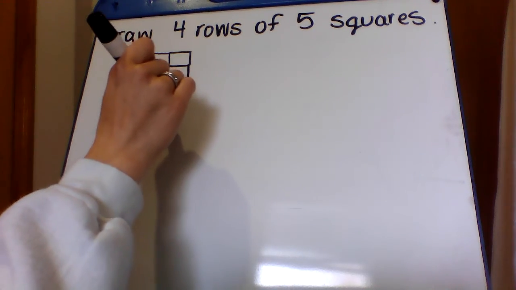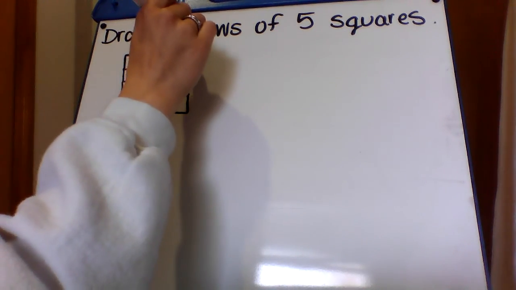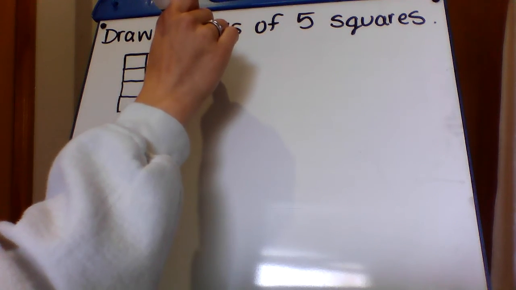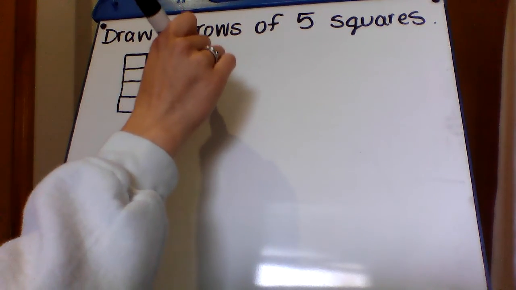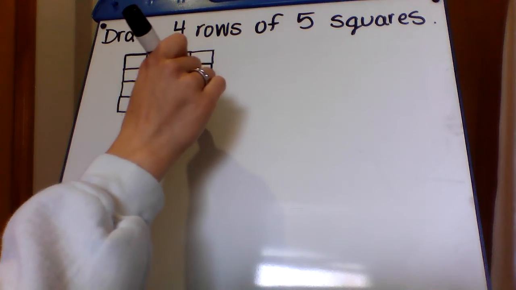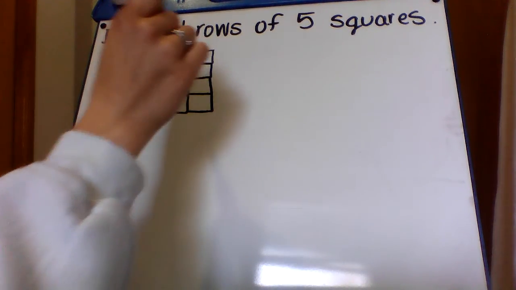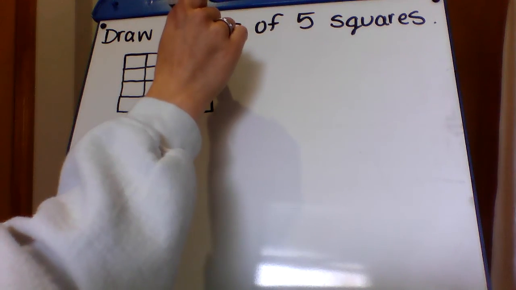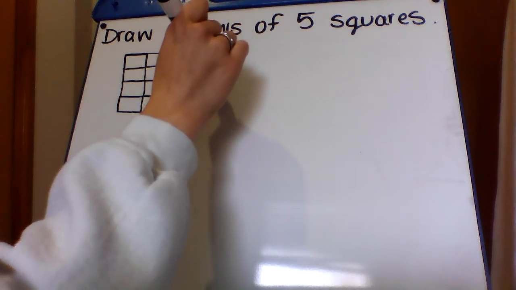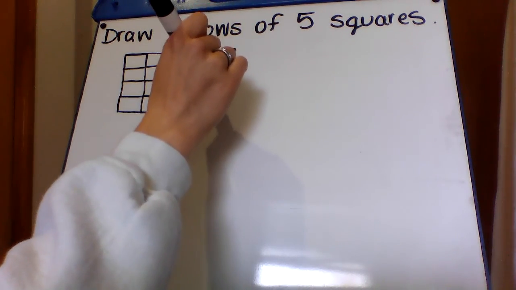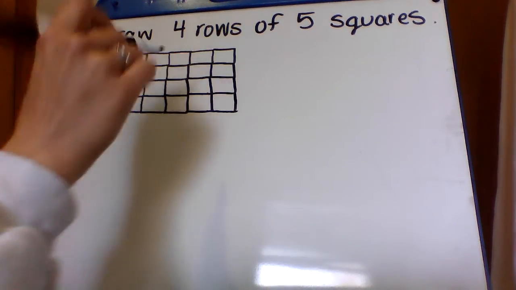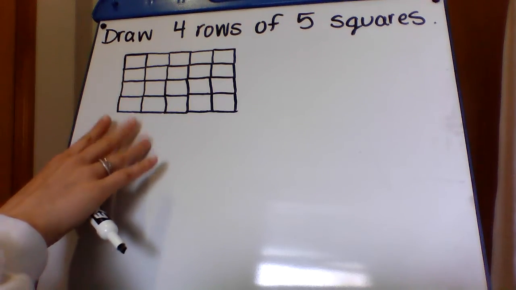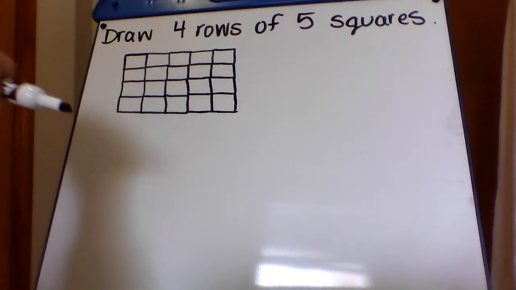I'm at 3. This is going to be 4. And now 5. Took my time. I have plenty of space. It's neat. It's organized. This is what you should try to be doing at home.